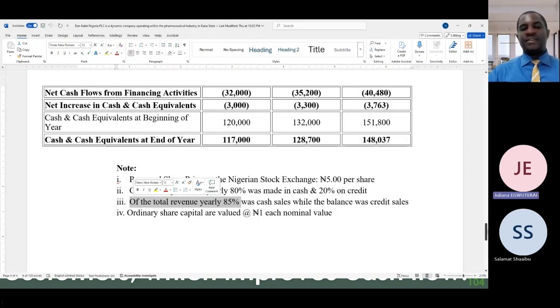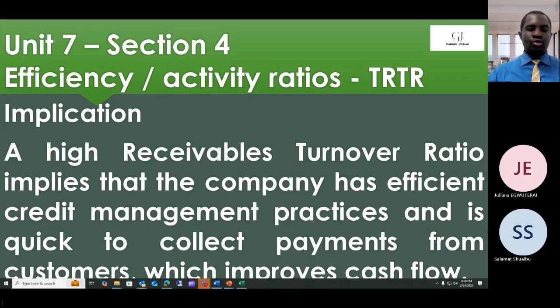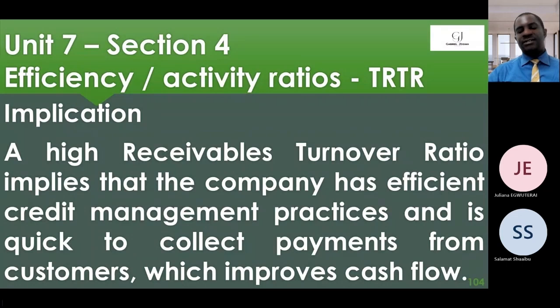So maybe they have a policy of 85% cash, then an amount that can be allowed to let go. But no matter the policy, it's still good to ensure that you recoup your receivables in due time. Maybe if they had it as 50-50, 50% cash, 50% receivables, they would take their receivables turnover seriously. Who knows? So that's another angle I'm looking at it from.